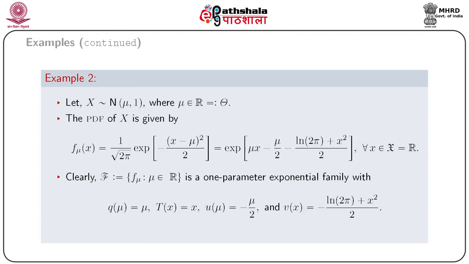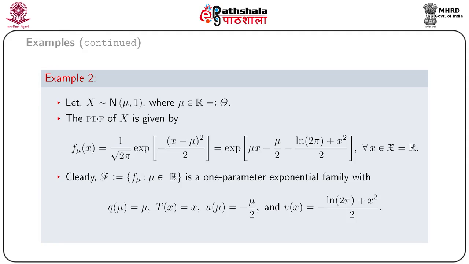Example 2. Let X follow normal distribution with mean mu and variance 1. Then the PDF of X is f(x) equals 1 by root 2 pi into e to the power minus half into (x minus mu) whole square, which can be written as e to the power minus log(2 pi) divided by 2 minus x square by 2 minus mu square by 2 plus x into mu.